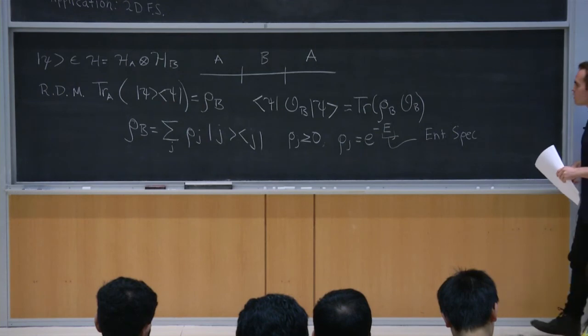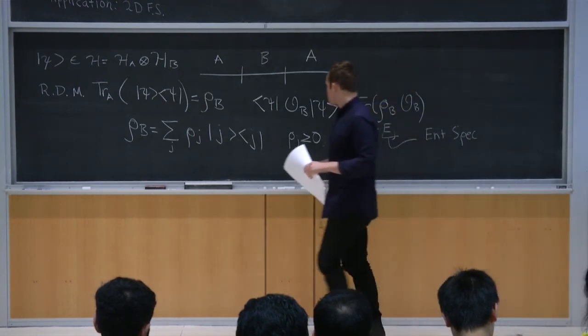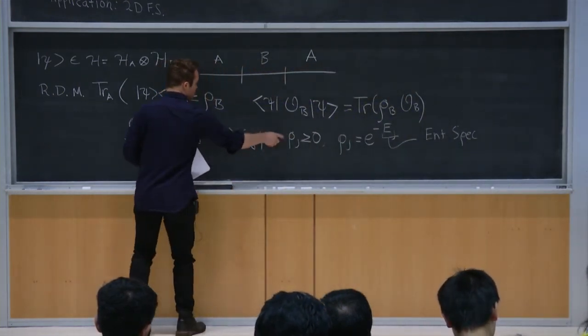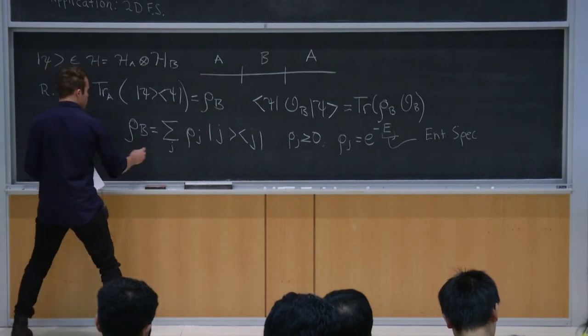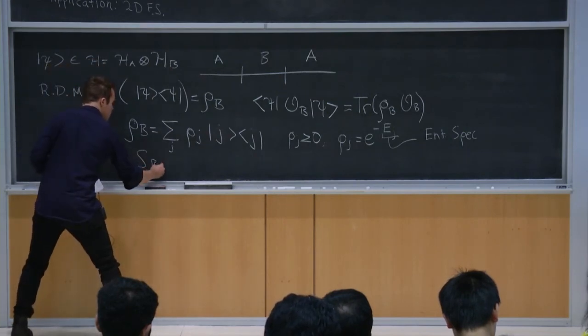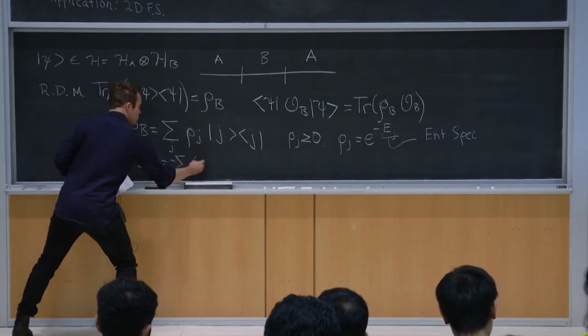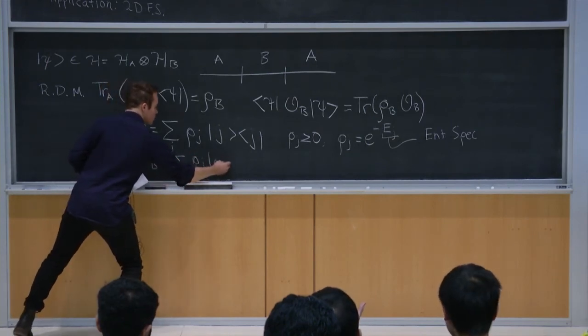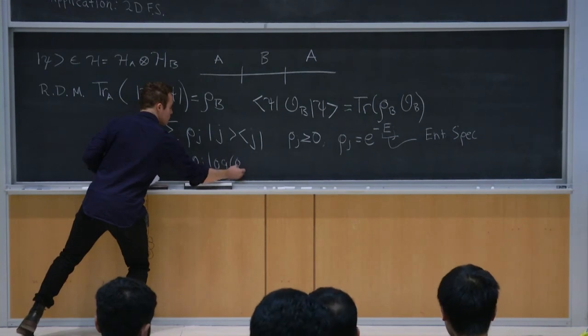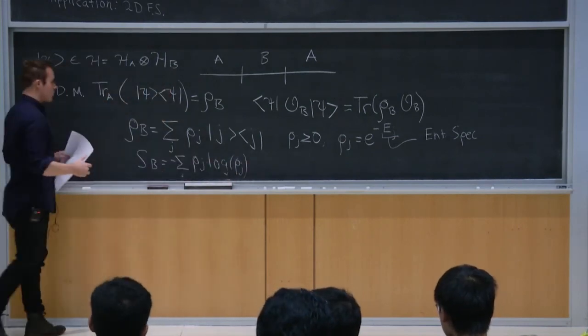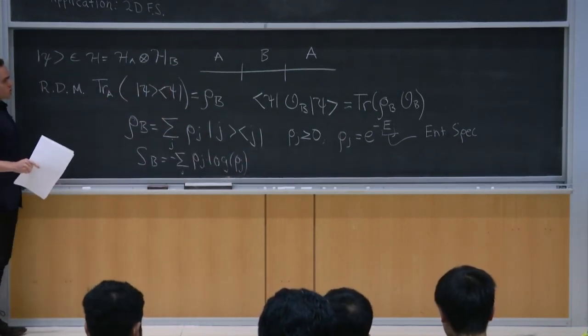And then the entanglement entropy is, we can treat this as a probability distribution and compute the usual von Neumann entropy, S_B, equal to minus the sum of the values p_j log p_j. So it's a property of region B.